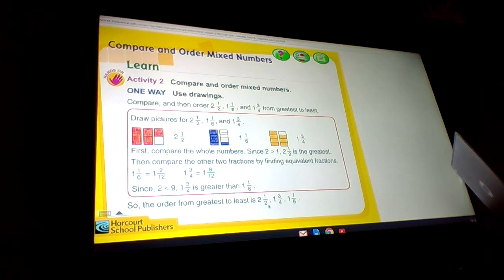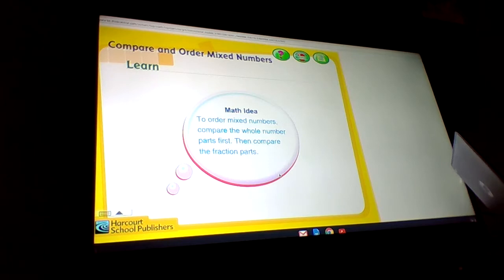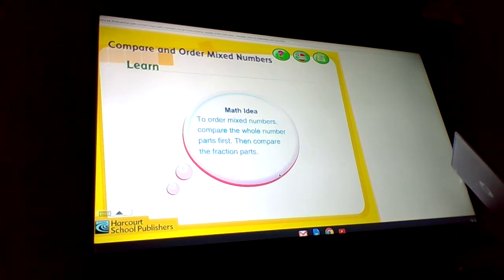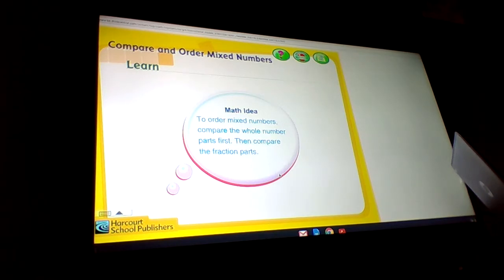And then we put them in order. Remember to put a comma in between those fractions. When we order mixed numbers, you need to compare the whole number parts first. Then compare the fraction parts.